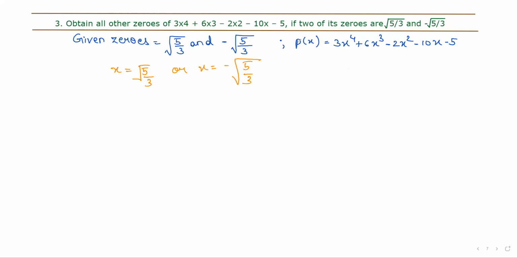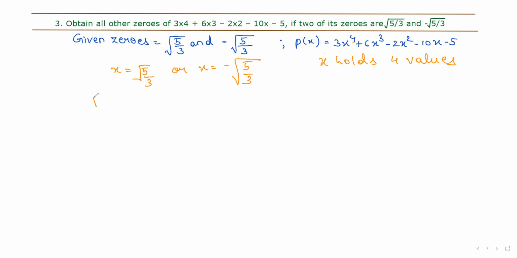Now, p of x is given to you and you have to obtain all the zeros. If you observe p of x, your maximum power is 4. That means x holds 4 values. And p of x is biquadratic in nature. Biquadratic means having a power 4. Now, you have to find all the factors.